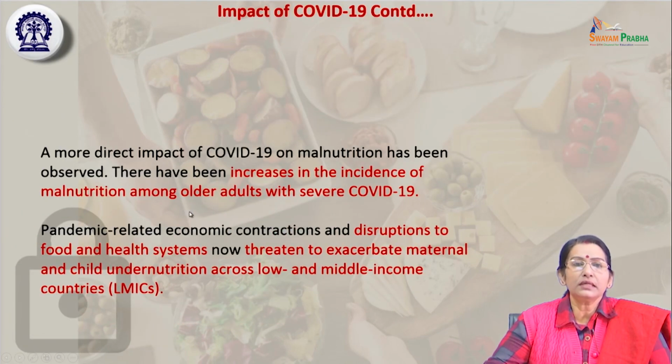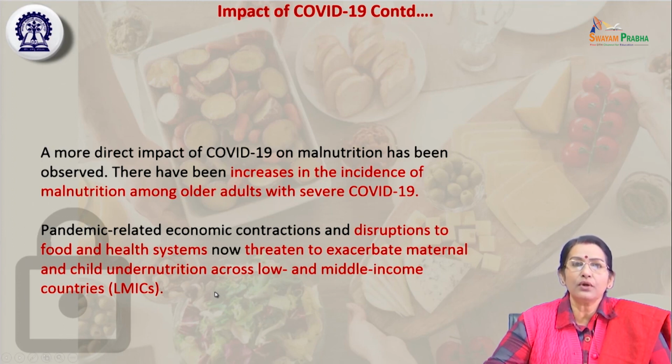So now we can say that this increase in incidence also takes place among older adults with severe COVID. Many elderly people have been affected with severe COVID-19. And disruptions in the food and health system actually threatened maternal and child undernutrition across low and middle income countries.